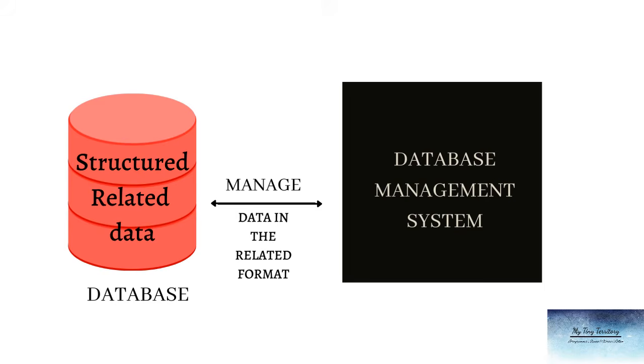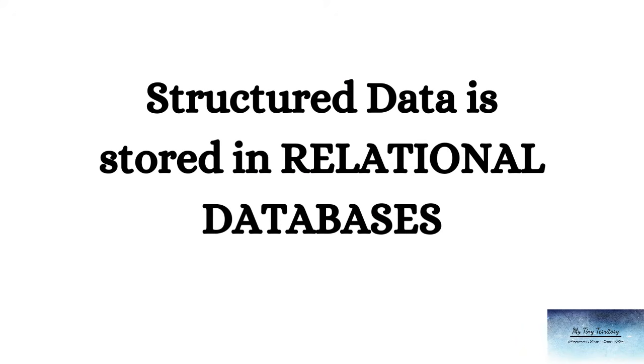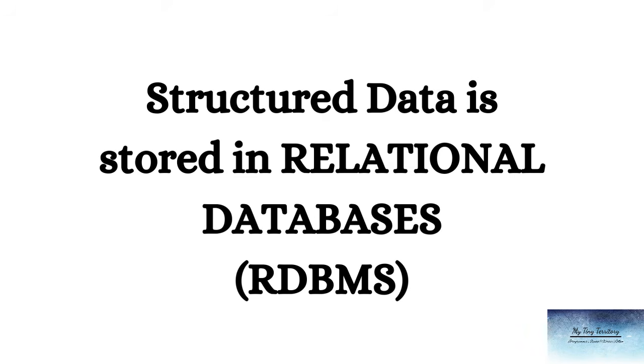So to manage this kind of related data in a structured format, we need RDBMS, that is Relational Database Management System. So structured data is stored in relational databases because they manage the relationship between the data and hence Relational Database Management System is used to manage relational databases. So that is all about structured data.